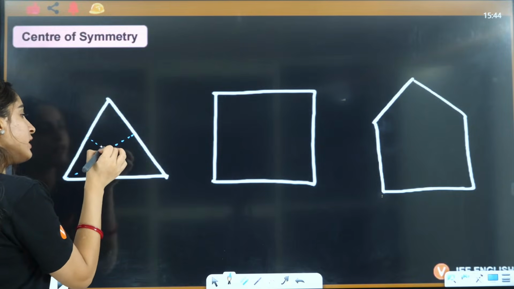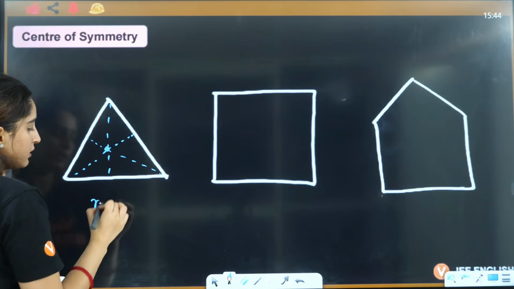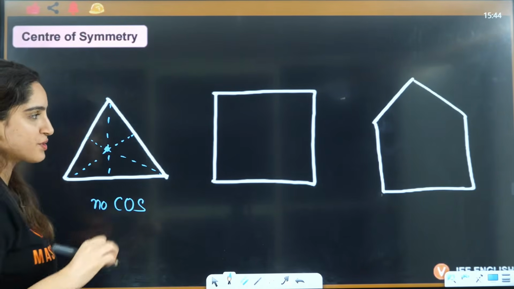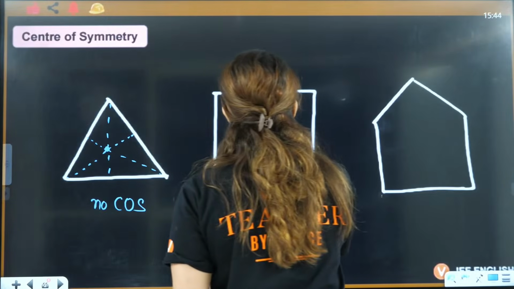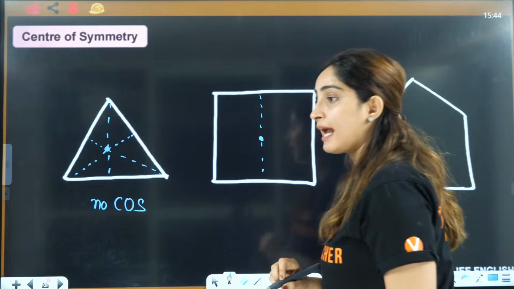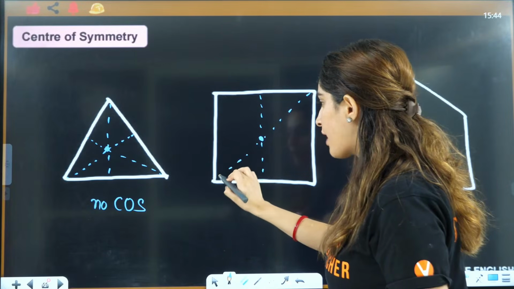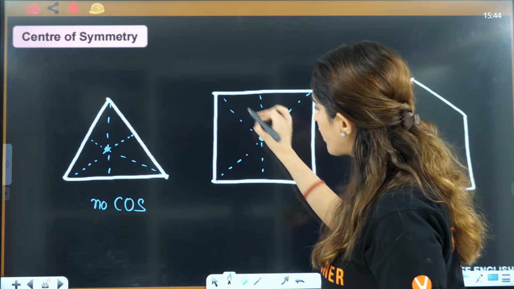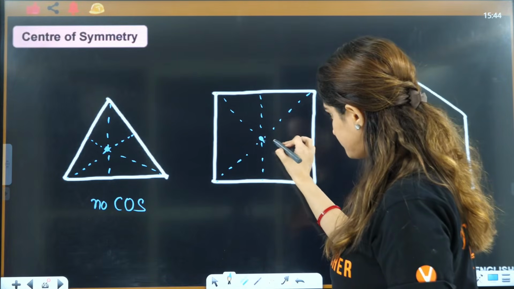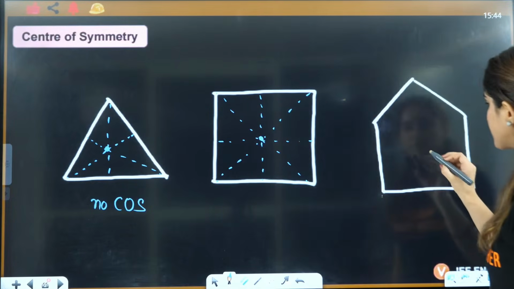When forward and backward you have the same thing, that is COS, center of symmetry. Forward you have a line, backward also a line. Forward a corner, backward also a corner. That is center of symmetry.